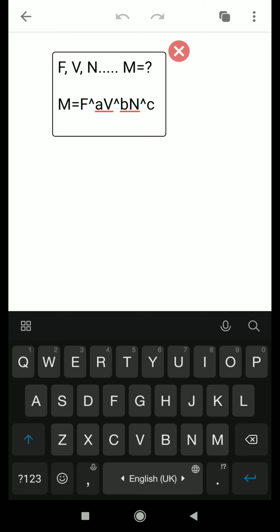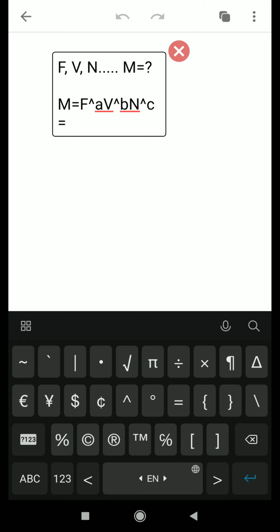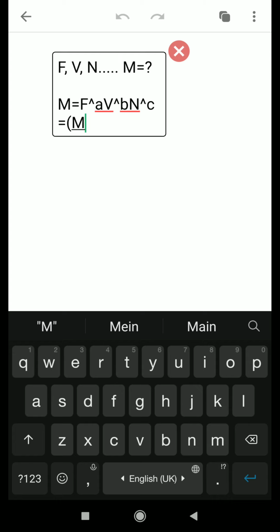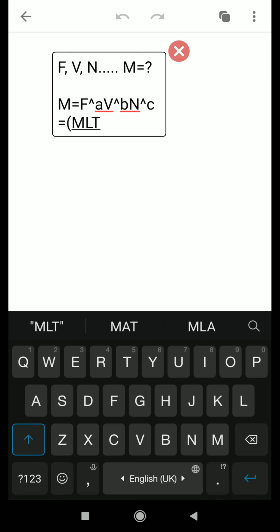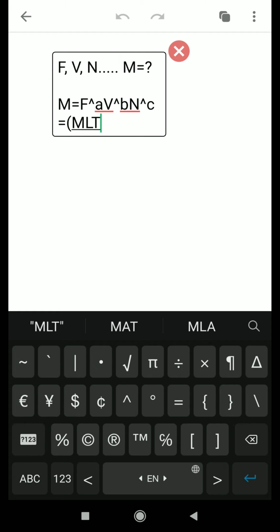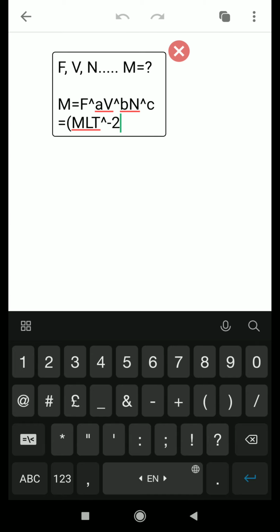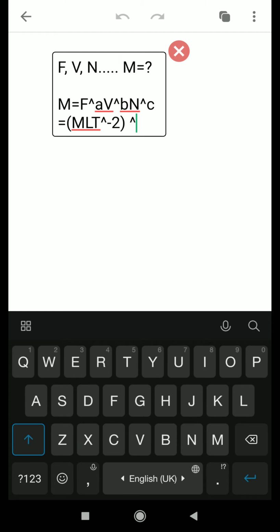So I write the dimension of force to the power a: [M L T^-2] to the power a.